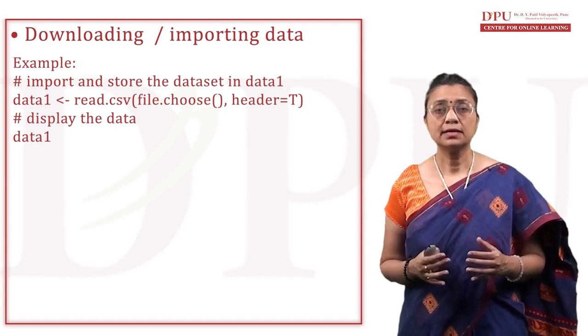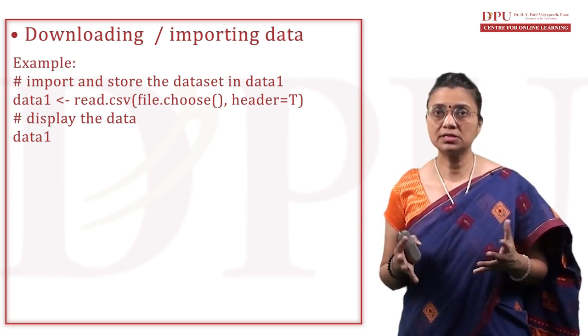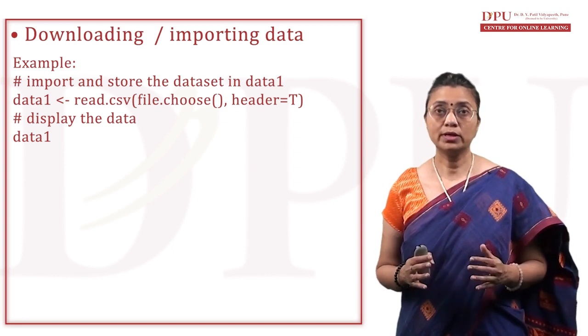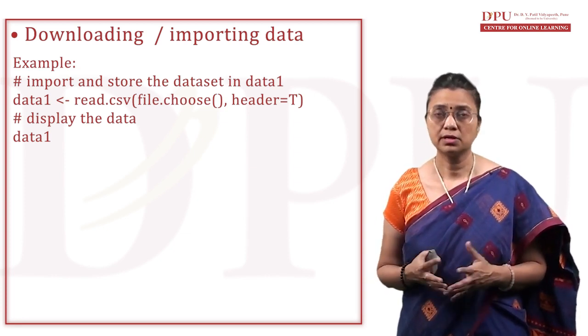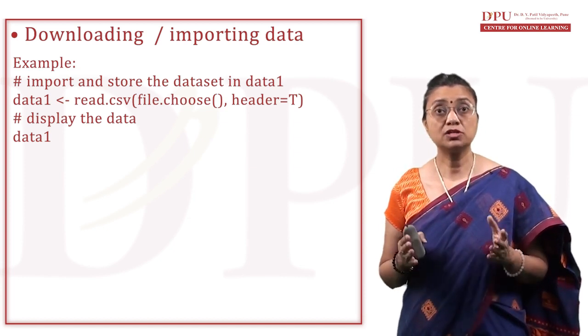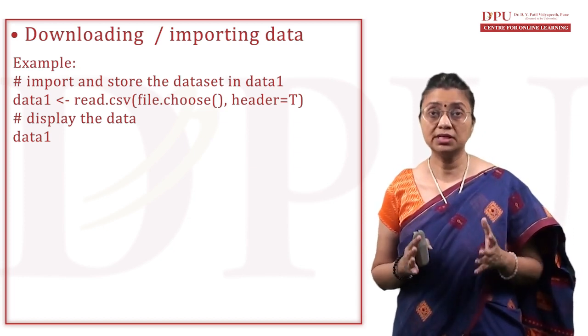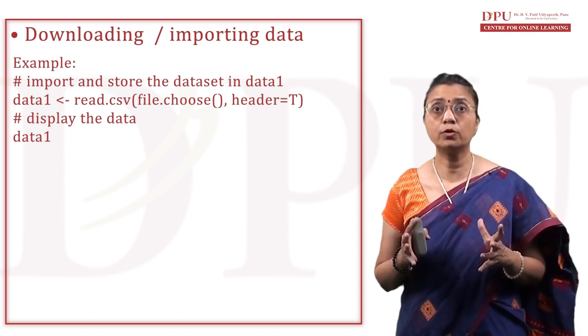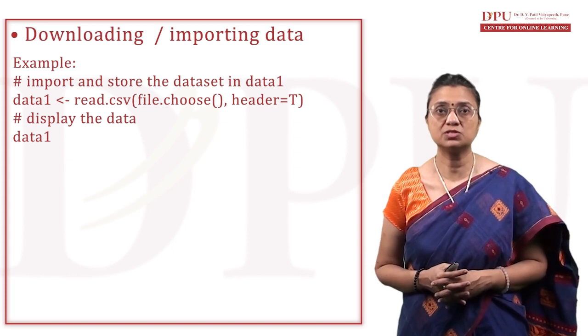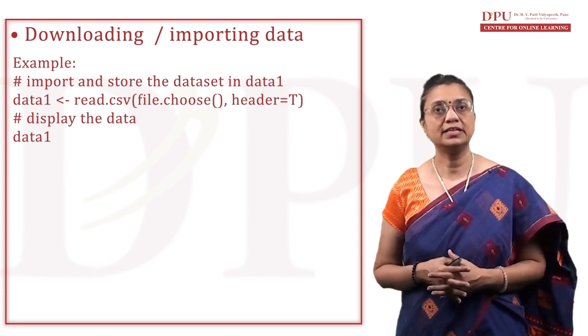So you can see that no matter whatever is the size of the CSV file, whether it is a file of 1,000 records or lakhs of records, no problem. We have to just use one line command, which is read.csv, to load the entire file, or we can say import the entire file, which is our CSV file, into a variable data1.